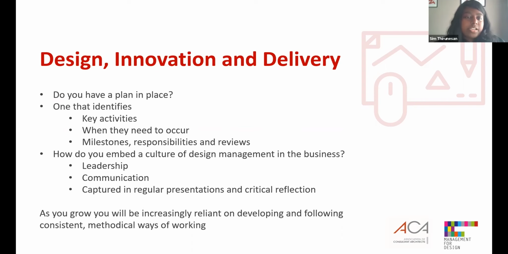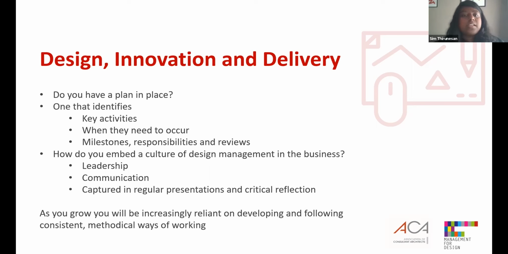It requires leadership, especially around regular design reviews, explaining to your people the necessity of a strong, consistent, and communicated central idea, or the big idea, and how it is captured, and regular presentation and critiquing of your work. The leaders need to show the way.